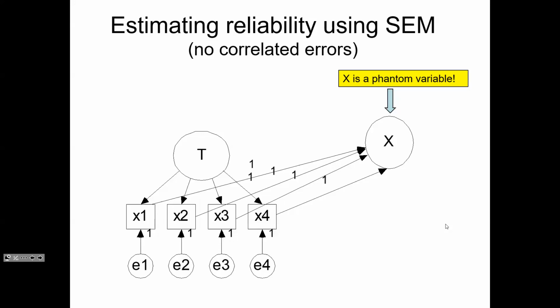And a perfect example of this is actually SES. Often the way that it's conceptualized in sociology especially, it's not really a latent variable. It is a function of income, education, and occupational prestige. If they're unweighted, they're all going to have a weight of 1.